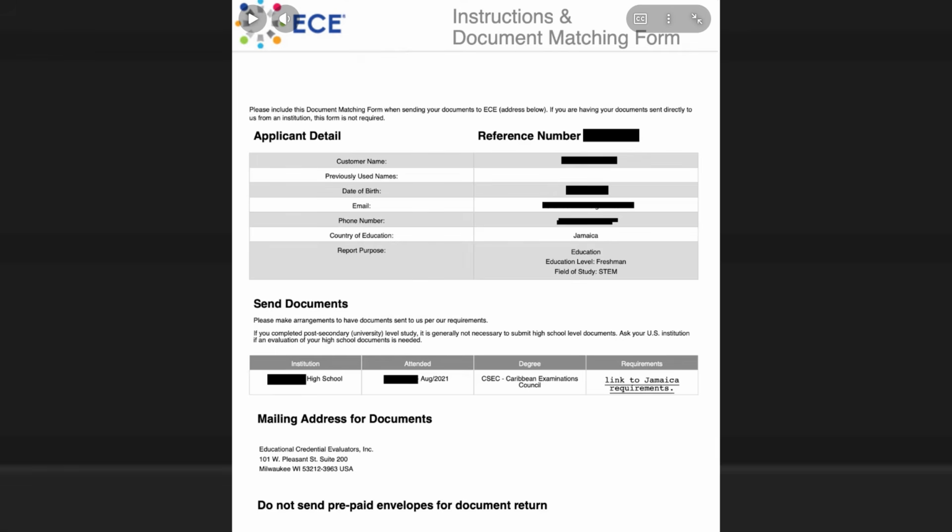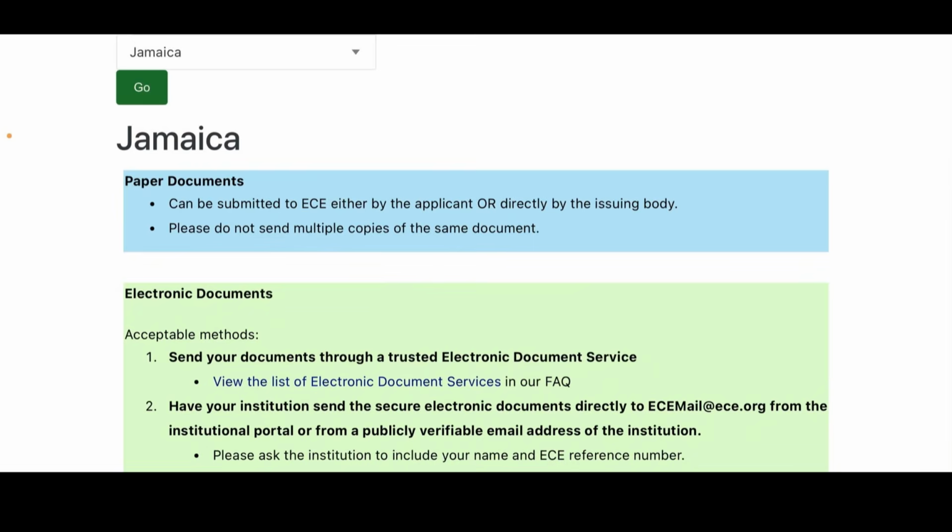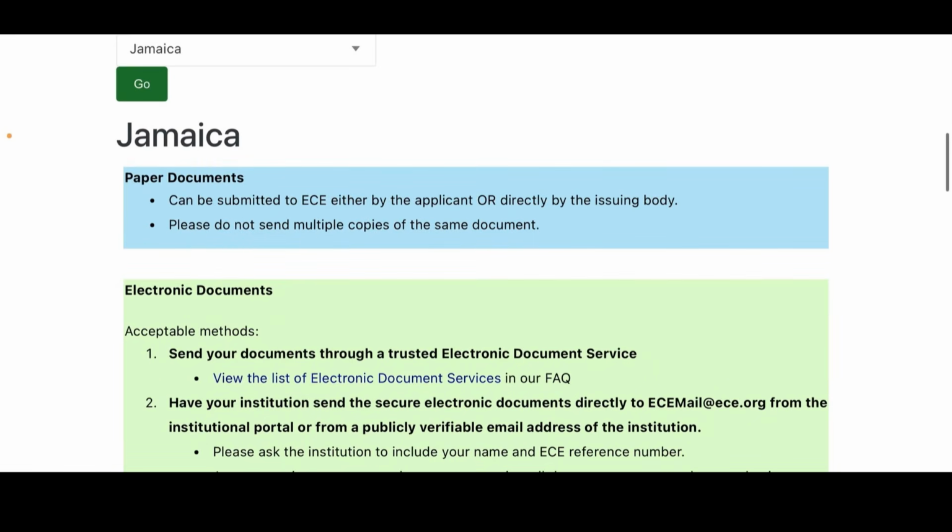So if you're sending an envelope to ECE, you're going to print that document matching form from ECE. Once you have completed your application, they will provide you with that document matching form. You will print that and include that in the envelope so that they can match your documents to your application, right?